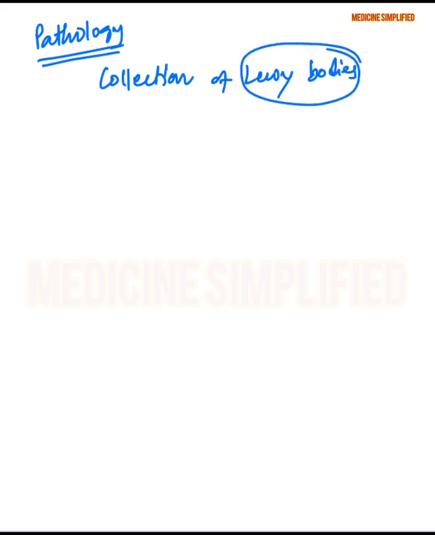Now, what will be the pathology behind it? There will be loss of dopaminergic neurons in the substantia nigra, and in slides under the microscope, what will we see? We will see a collection of Lewy bodies. What is a Lewy body?